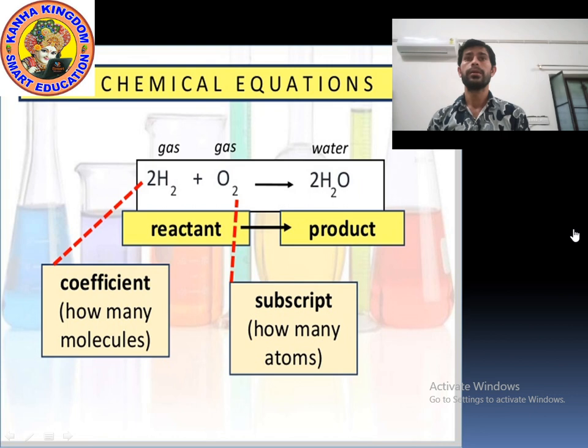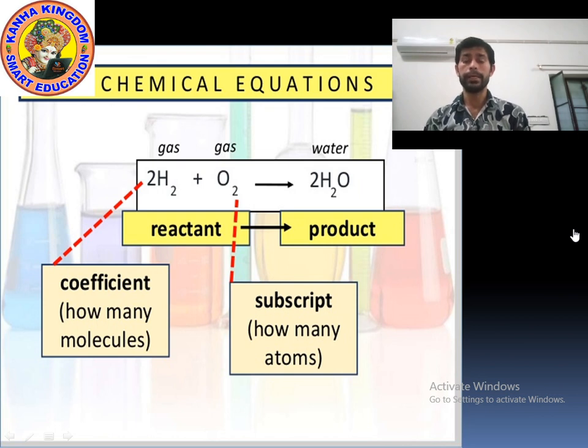Because there is no coefficient written, it means only one molecule. And what is the product? The product is H2O. Before H2O, 2 is written. It means two molecules of water have formed in this reaction.